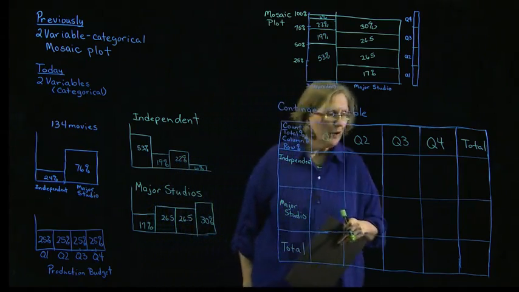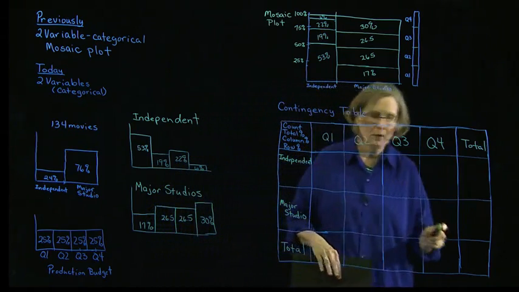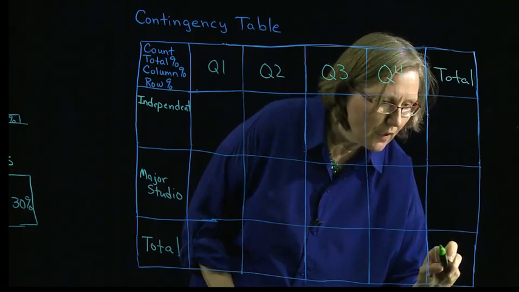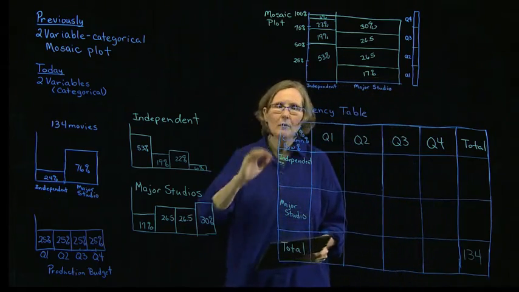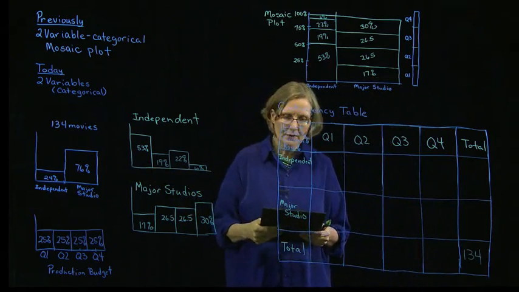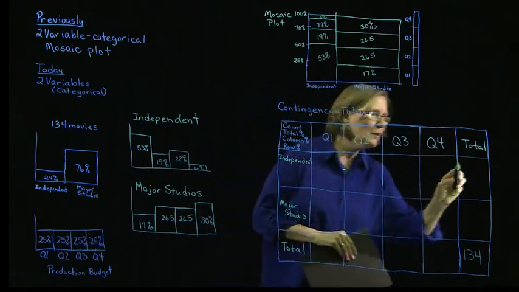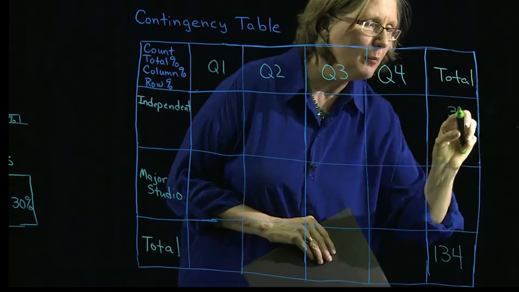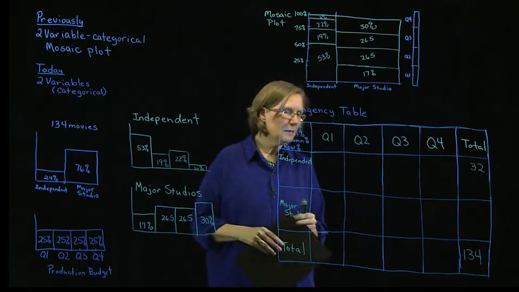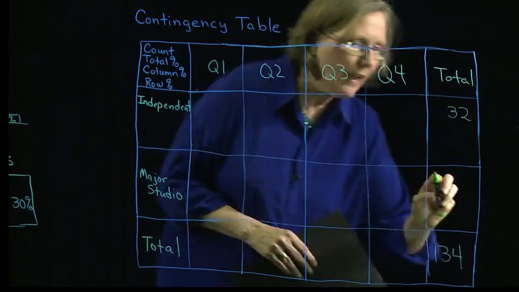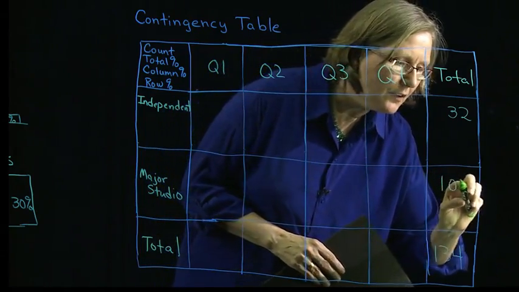We started out with 134 movies. That goes in our lower right corner. Of our movies, 24% were independent, or that was 32 of our movies. Of our major studio movies, it was 76%, and that came to 102.